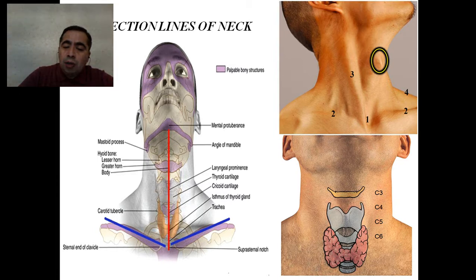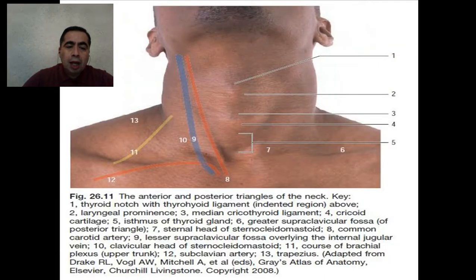The location of the isthmus of thyroid gland, which corresponds maybe to the distance between the second and third, and maybe between the third and fourth cervical vertebrae.